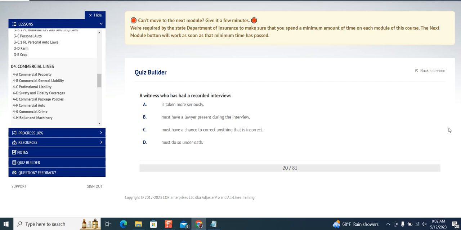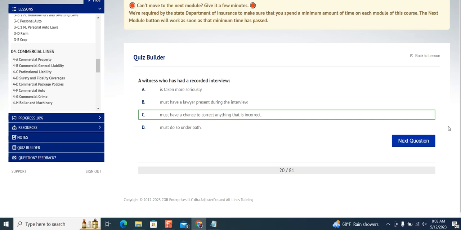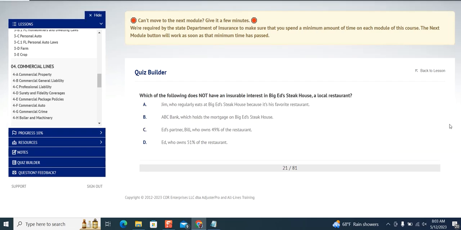Okay, so they already did the interview, so B can't be it. It can't be B or D. They already shot the interview. So A or C, we're gonna go with C. Although that question is written badly though.